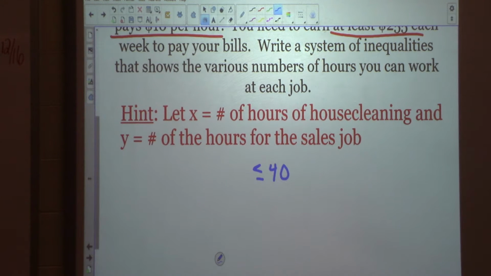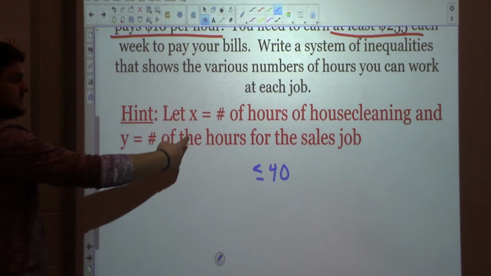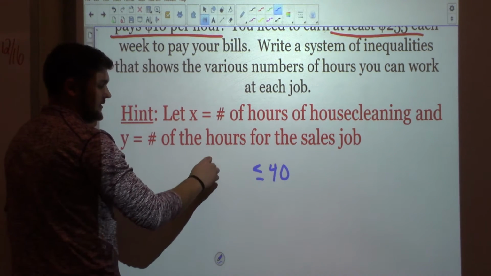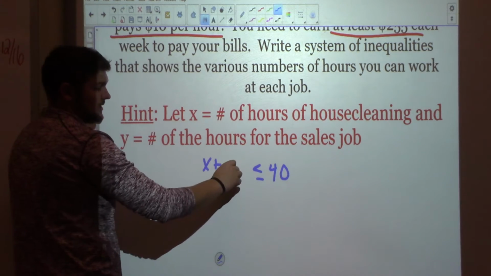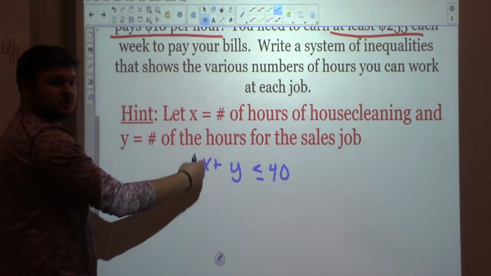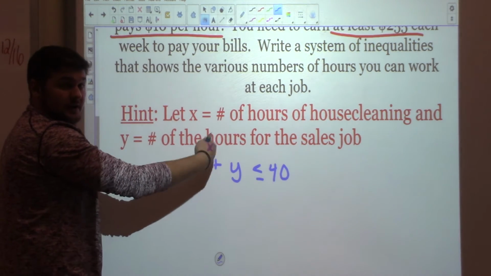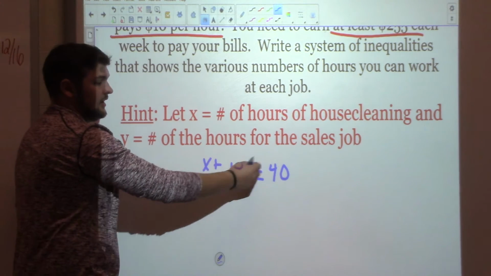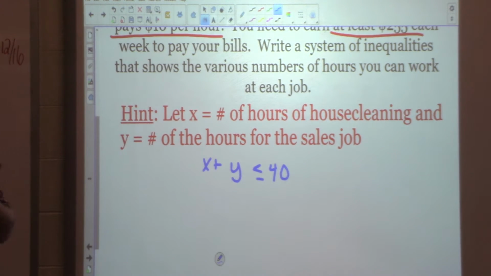But where do my variables go? How do I know how many hours I'm working? X plus Y, right? X is the number of hours I spent house cleaning, plus Y is the number of hours I spent at my sales job. So the hours at house cleaning and hours at sales job can be no more than 40 hours in the week. So that's my first inequality.